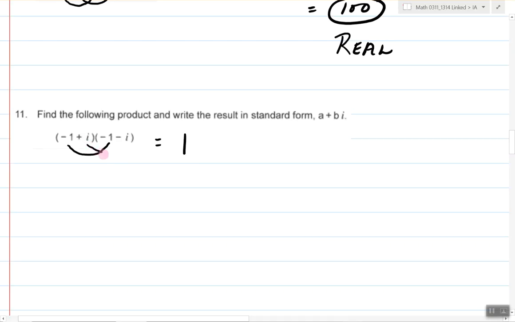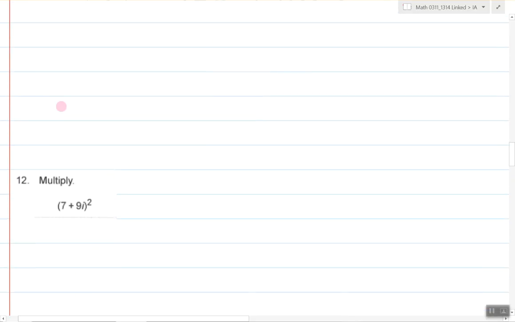Then the last, positive i times negative i gives us minus i squared. Well, there is an invisible coefficient of 1, so when that i squared disappears, it's going to be this negative 1 times this negative 1, which means plus 1. This is 1 plus 1, which is 2. Remember, the product of complex conjugates is always real.